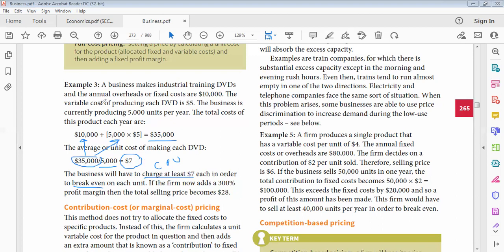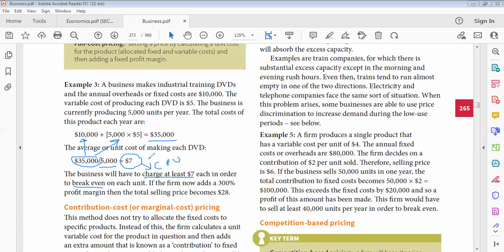So this type of method, which is called the full costing method, determines your total cost per unit, and this will tell you the minimum price that you can charge. That means as per this method, the minimum price you can charge is $7. Now it is up to you. Will you charge $7? Will you charge $8? Will you charge $10? It's totally up to you. But this method is telling you the minimum price that you need to charge, which is $7 in this case.